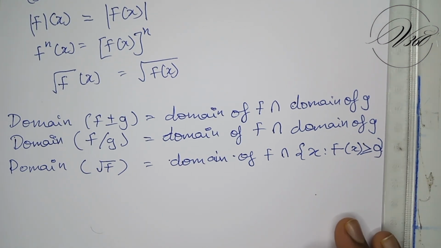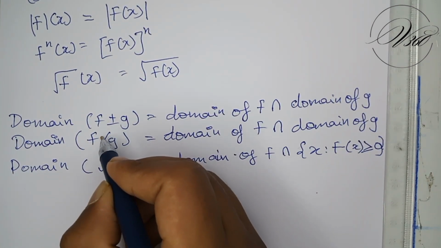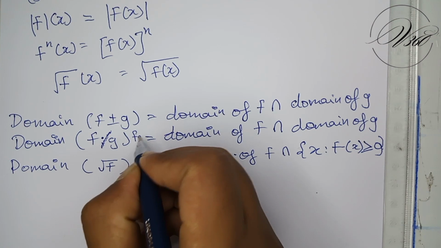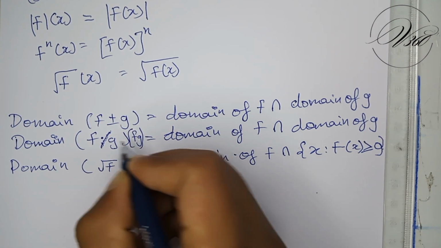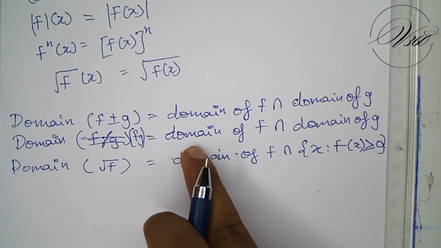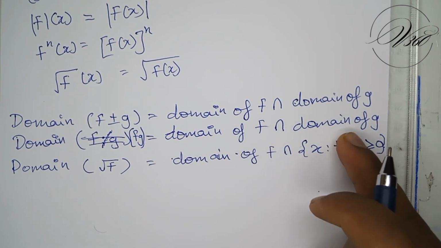Okay, wait a minute, here something is wrong. Yeah, here it is f of x, not f divided by x. Here I will write fg. This is domain fg is equals to domain of f intersection of domain of g.